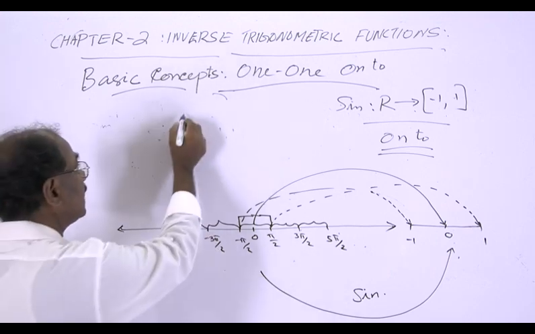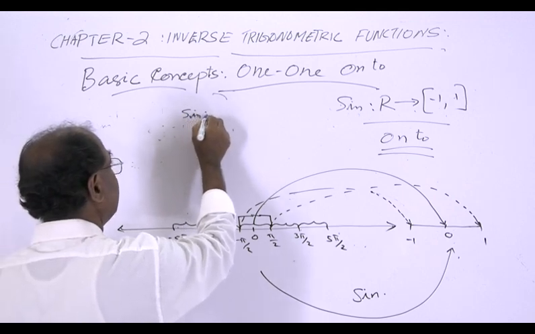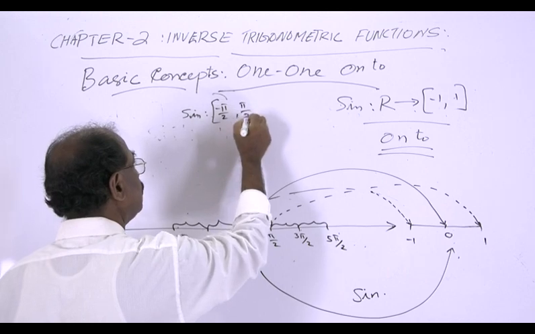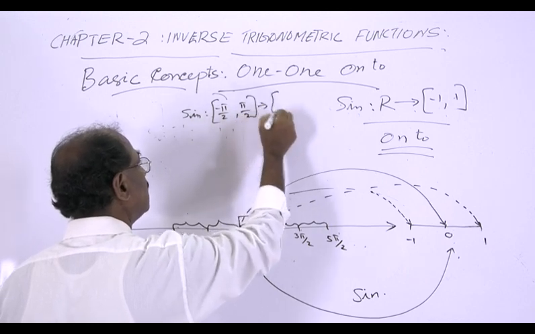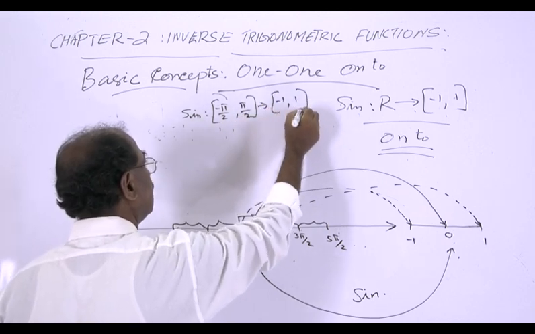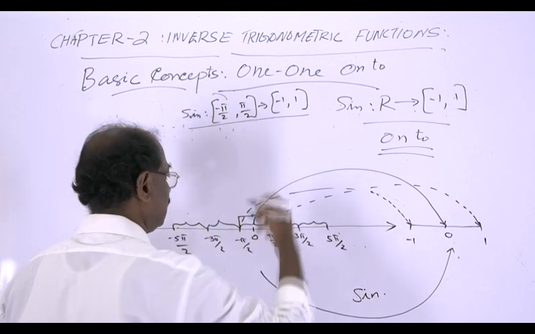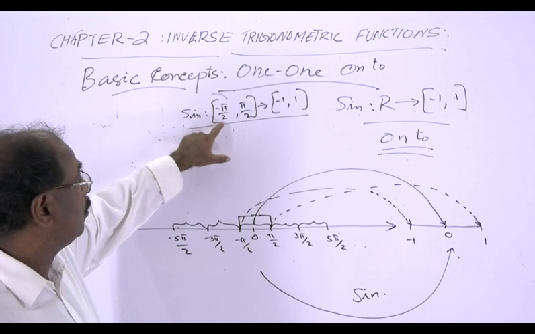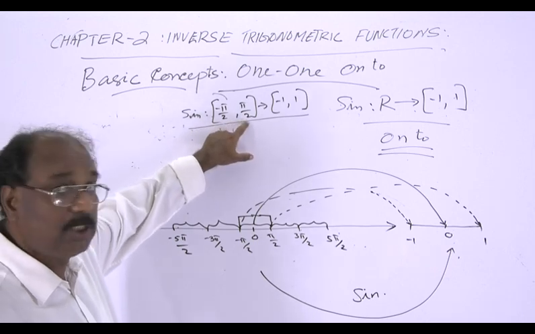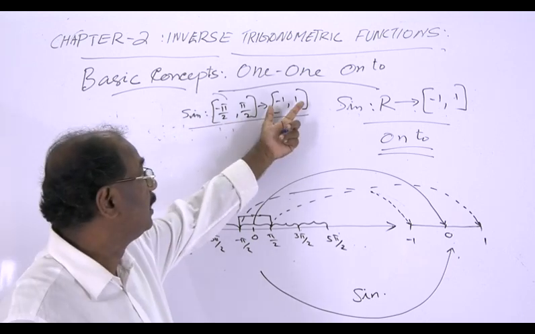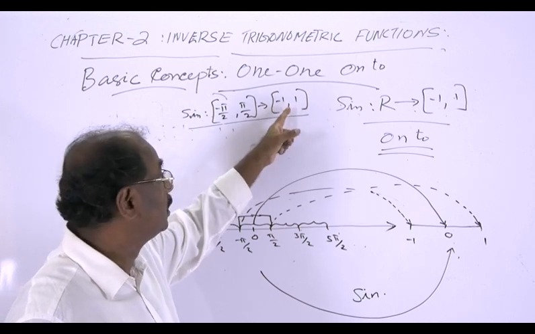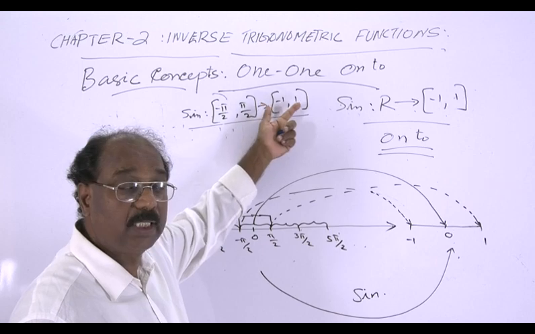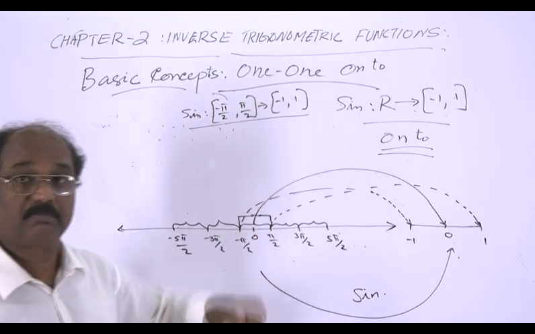If we consider the sine function in the interval [-π/2, π/2] to [-1, 1], all the values from -π/2 to π/2 are mapped to all the values in the closed interval [-1, 1].